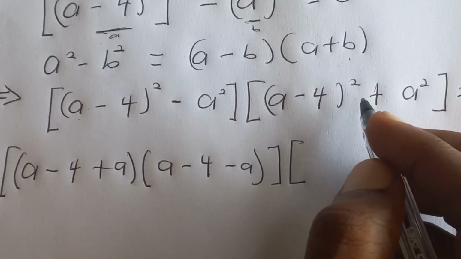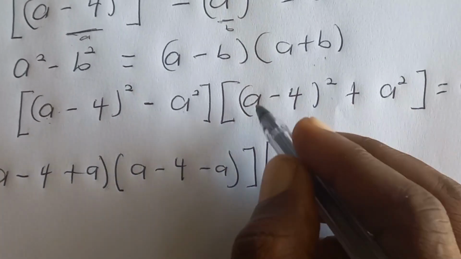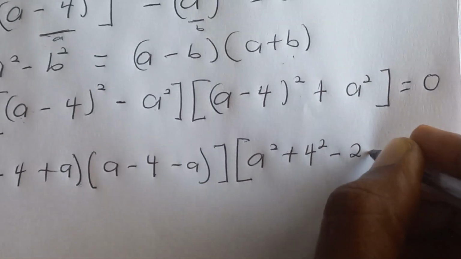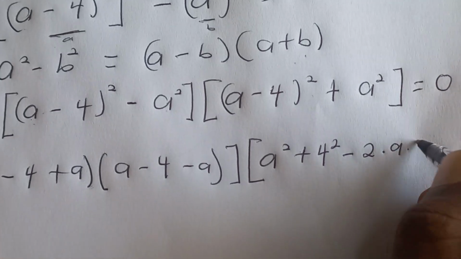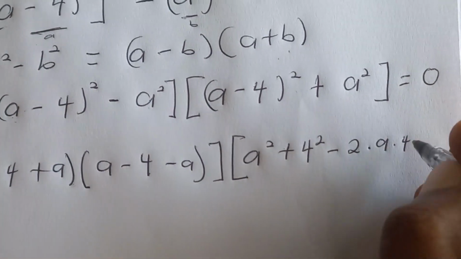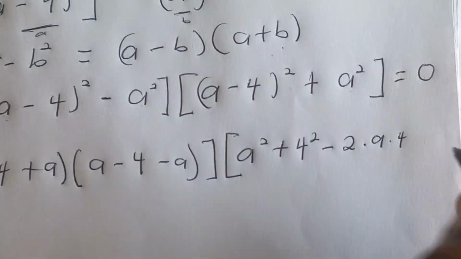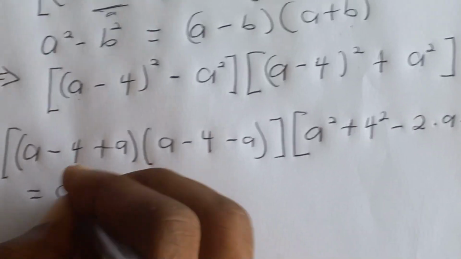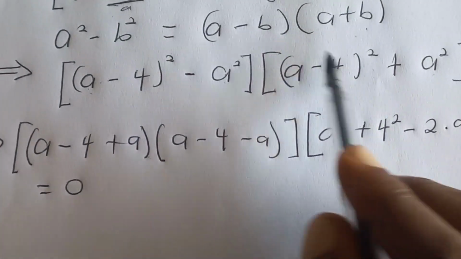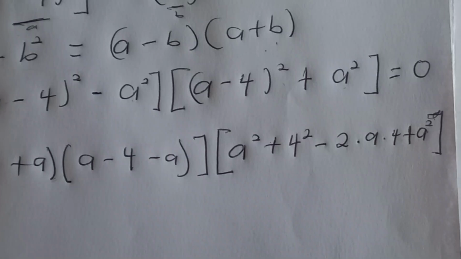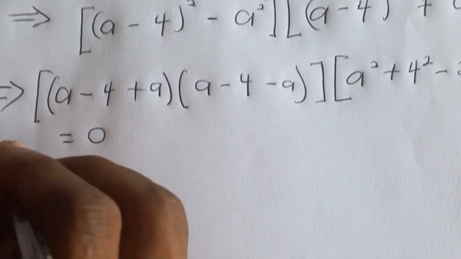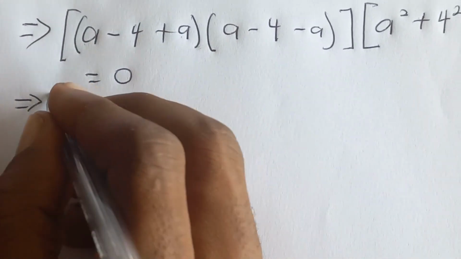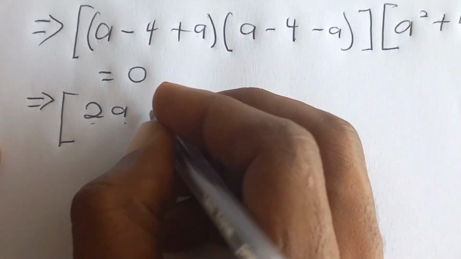Then here, it will be a squared plus 4 squared minus 2 multiplied by a multiplied by 4, then plus our a squared, and it's equal to 0. So now, this and this, we get 2a minus 4.